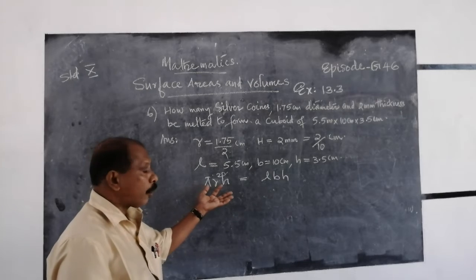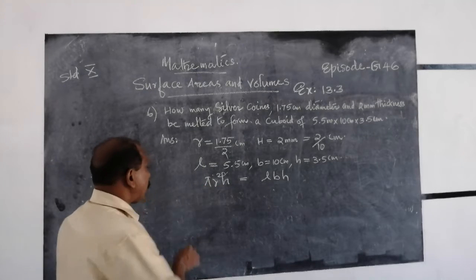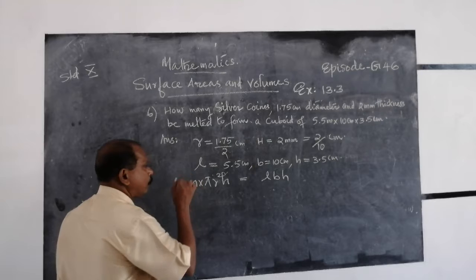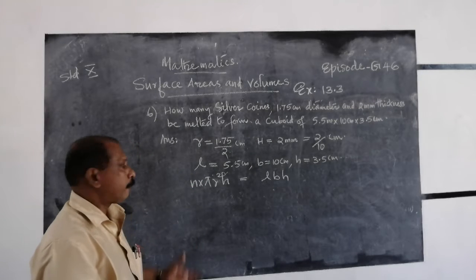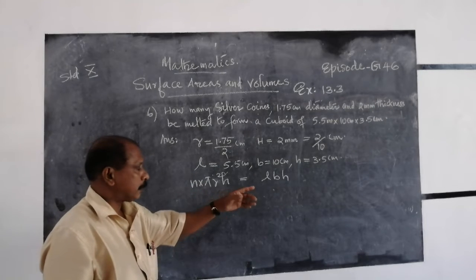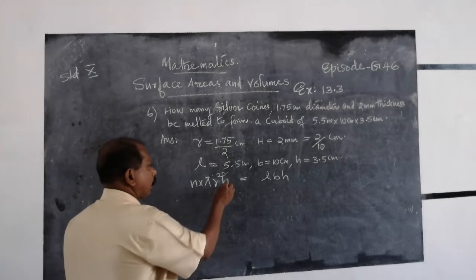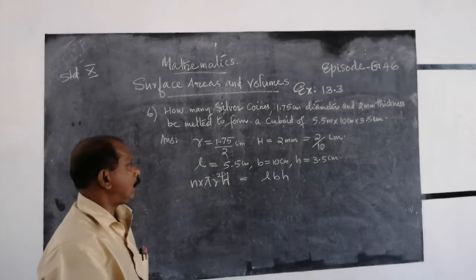But there is only one coin, therefore number of coins N into pi r square X is equal to LBX.